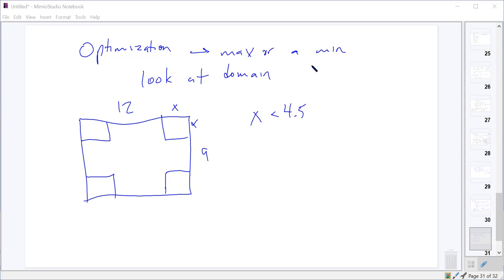Everybody good with that? So check the domain: don't come up with a value that's more than 4.5, and x is obviously got to be greater than 0. That kind of stuff. Good?